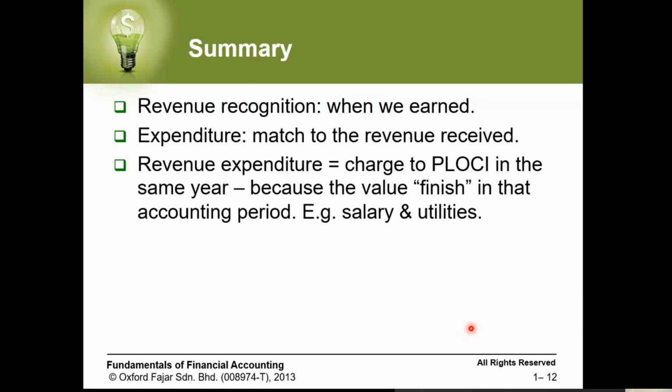Revenue recognition: when we match expenditure to the revenue received, revenue expenditure is charged to the profit and loss and other comprehensive income of the same year, because the value finished in that accounting period. Examples are salary and utilities.